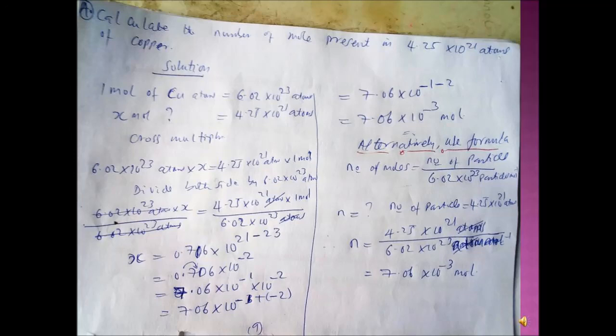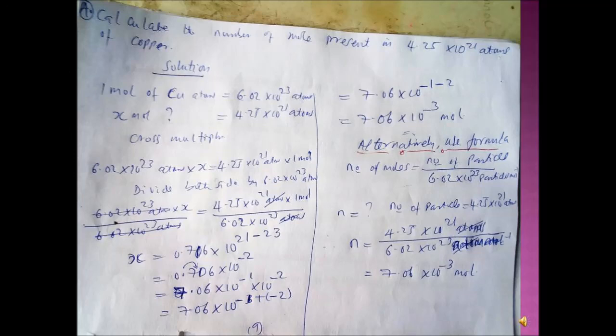Because here originally it was 0.706. So by the time you move it by 1, that means we now have 10 to the minus 1. If you move it 2 times, it will be minus 2, and so on and so forth. But we just need to move 1 so that we have 7.06, so it will be in standard form. Then we have 10 to the minus 1 times 10 to the minus 2.